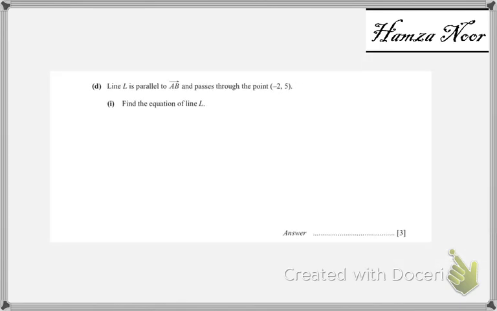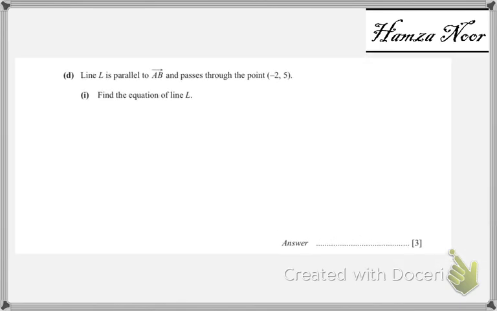Okay, now let's move to the next part. Part D is saying that a line L is parallel to AB and passes through the point (-2, 5). Find the equation of line L. So what is the equation of a line? y is equal to mx plus c.